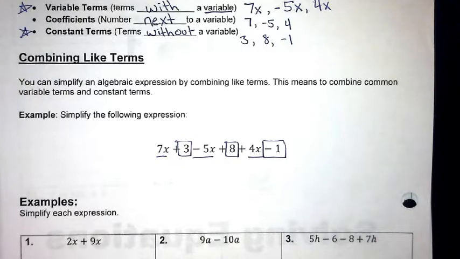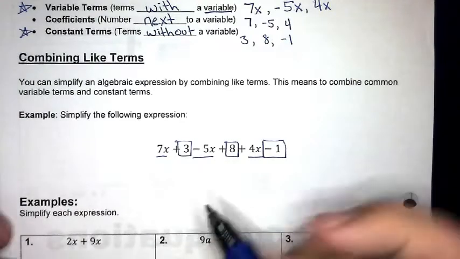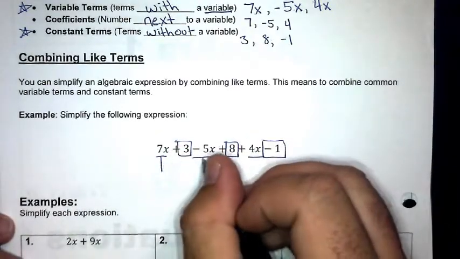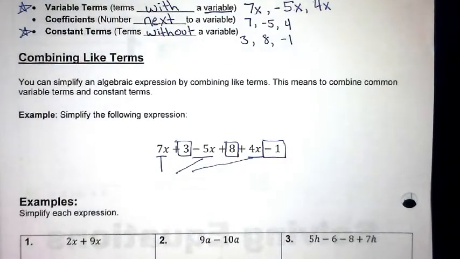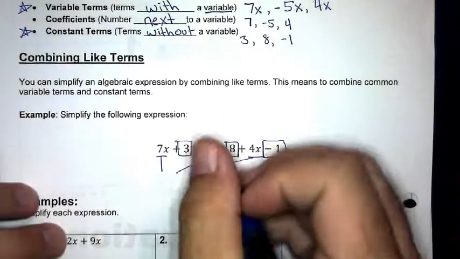When you combine like terms, you always want to do the variables first. So I have my 7x, negative 5x, positive 4x. This is why you have your calculators. 7 plus negative 5 plus 4. Combine means add. That gives me 6.